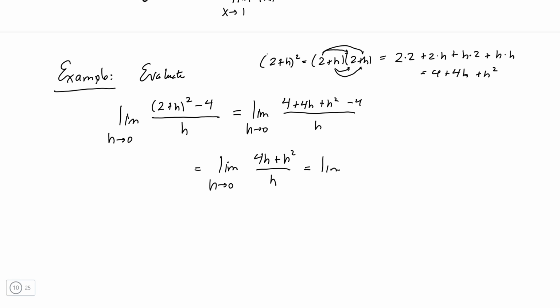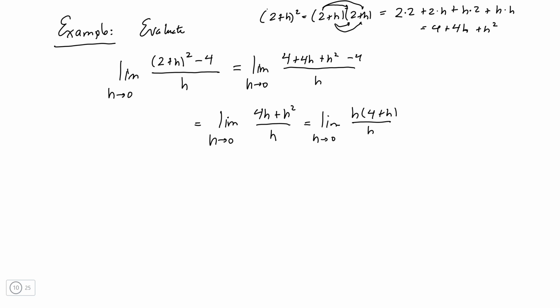But what we can do to help that is factor an h out of the top, because there's an h in both terms. And now I can cancel that h from the top and the bottom, and I end up with just 4 plus h. And now I can just plug in h equals 0, and this just gives me 4.